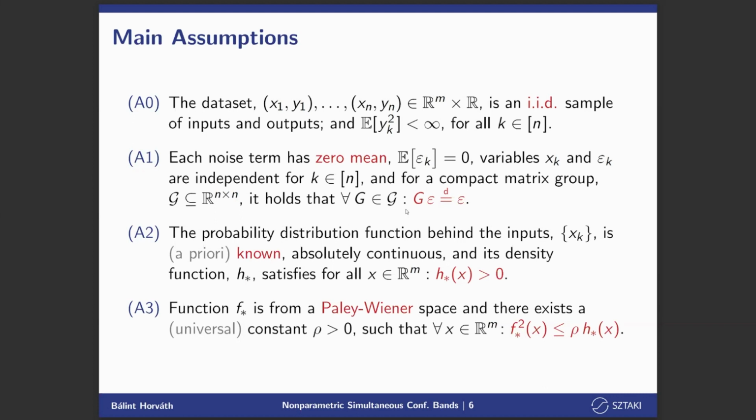The last two assumptions are regarding the regression function. The A2 assumption means that the inputs, so the X set, is assumed to have a priori distribution, and we assume that this distribution is known. The last assumption means that the f star regression function comes from a Paley-Wiener space.